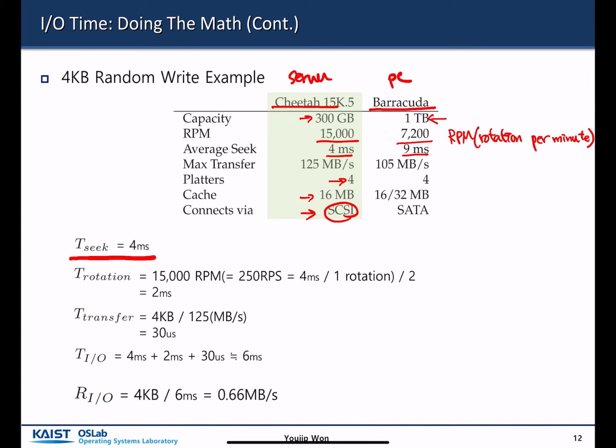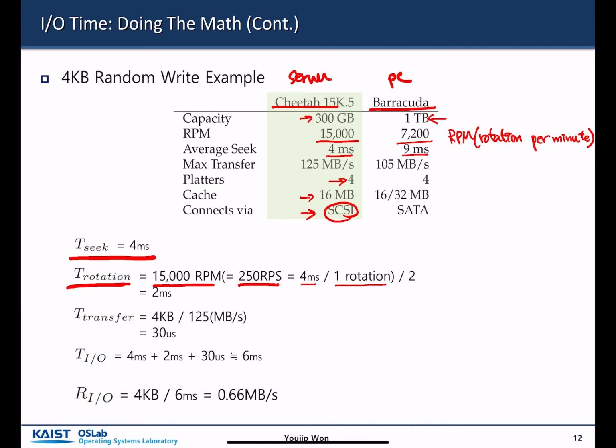Oh, sorry, I'm going to explain the Cheetah hard disk drive performance. The average rotation time is the time to take a single revolution divided by 2, because we are talking about the average. For a 15,000 RPM drive, it corresponds to 250 rotations per second, which is 4 milliseconds per rotation.